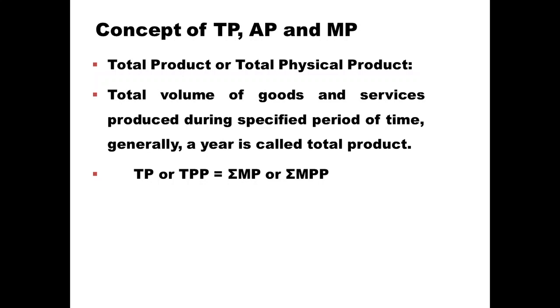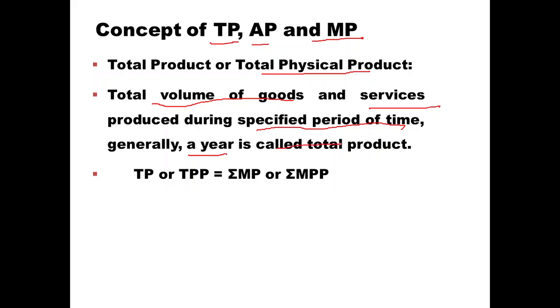You have understood. Now, very important concepts when you study production analysis are the different concepts of product, that is total product, average product, and marginal product. Total product is also known as total physical product. It is the total volume of goods and services that are produced during a specified period of time, generally a year.